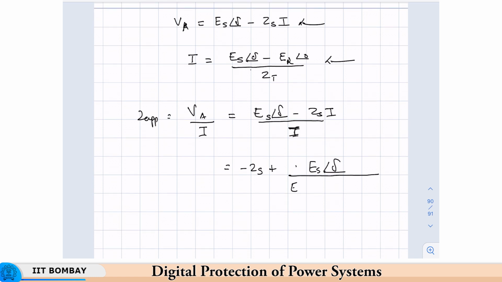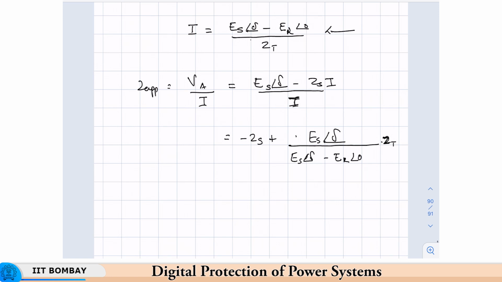So, E_S angle delta minus E_R angle 0, into Z_T. This is the divider in the denominator, so it goes up here. This Z_T.